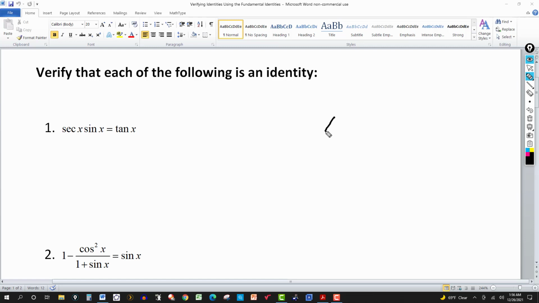Now something like this, let's say x minus 1 quantity squared is equal to x squared minus 2x plus 1. On the left side, we have x minus 1 quantity squared.